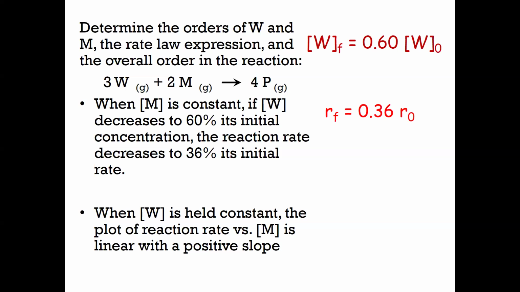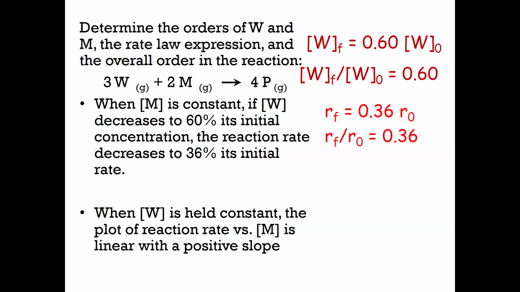How can we determine the order? Let's think of ratios. So the ratio of the final concentration to the initial concentration is 0.6 from the given first part of the statement. And the ratio of the rates is 0.36. So now we think, how does the ratio of the concentration relate to the ratio of the rates?